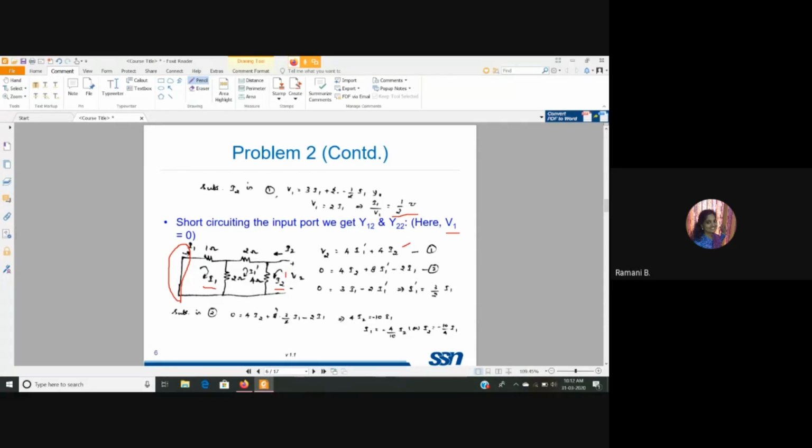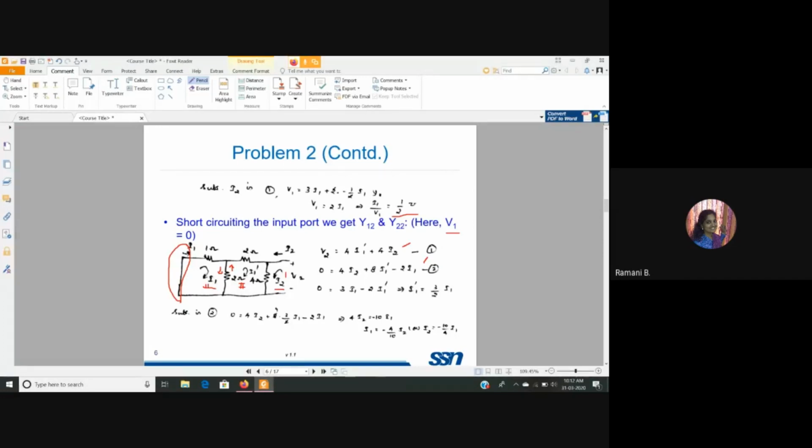And in this second loop, we have 2 into I1 dash plus 4 into (I1 dash plus I2) plus 2 into (I1 dash minus I1), since I1 dash is in the upward direction and I1 is in the downward direction. If you simplify, you will get 4 I2 plus 8 I1 dash minus 2 I1 is equal to 0. That will be our second equation.